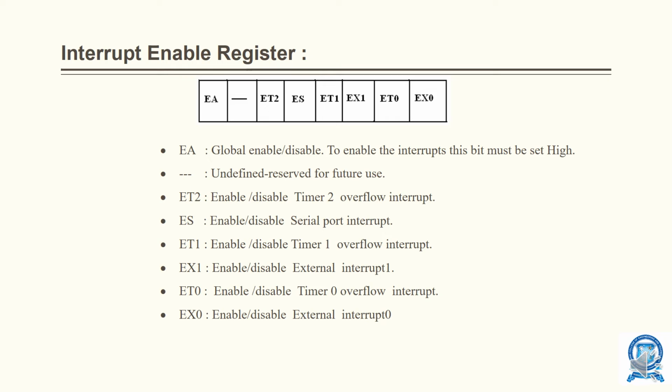Each bit represents one thing. EA is the global enable or disable bit. ET2 enables or disables timer 2, ET1 enables or disables timer 1, ES enables or disables the serial port interrupt, EX1 is external interrupt 1, ET0 is the timer 0 overflow interrupt, EX0 is external interrupt 0. So this is how it identifies which type of interrupt has occurred in the system.